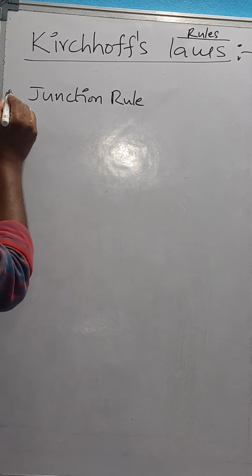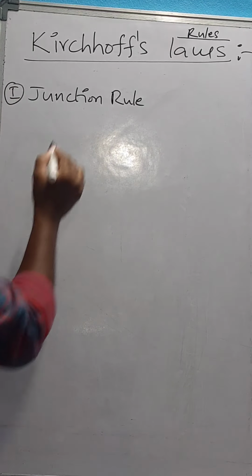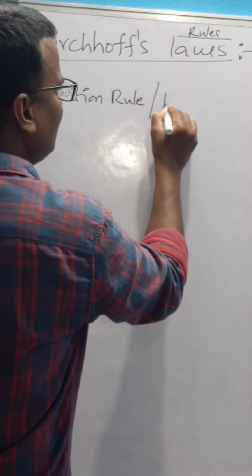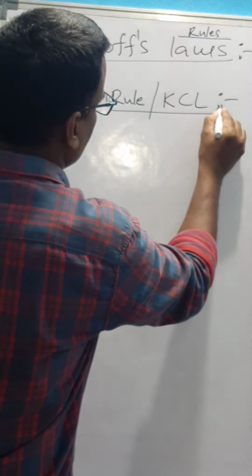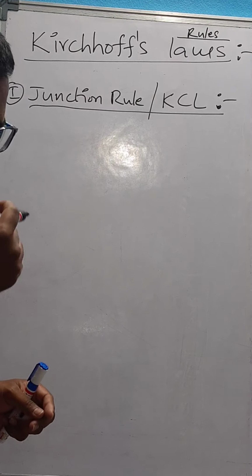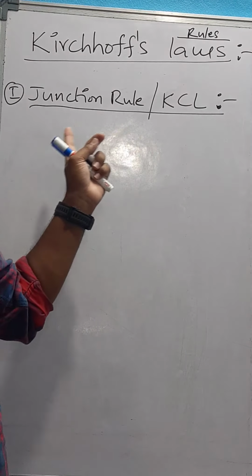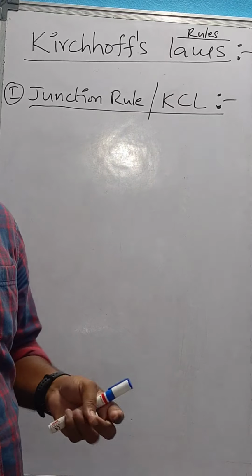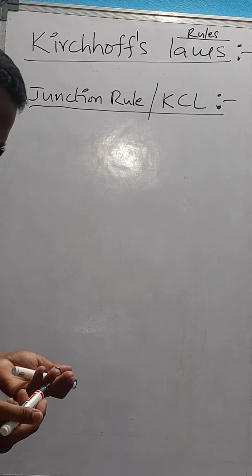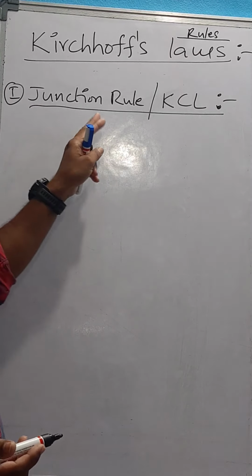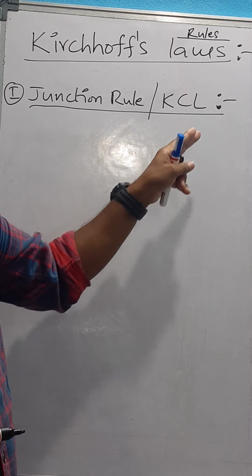Kirchhoff's first law is the junction rule, as well as Kirchhoff's current law. Okay, so what is the junction rule, or Kirchhoff's current law?